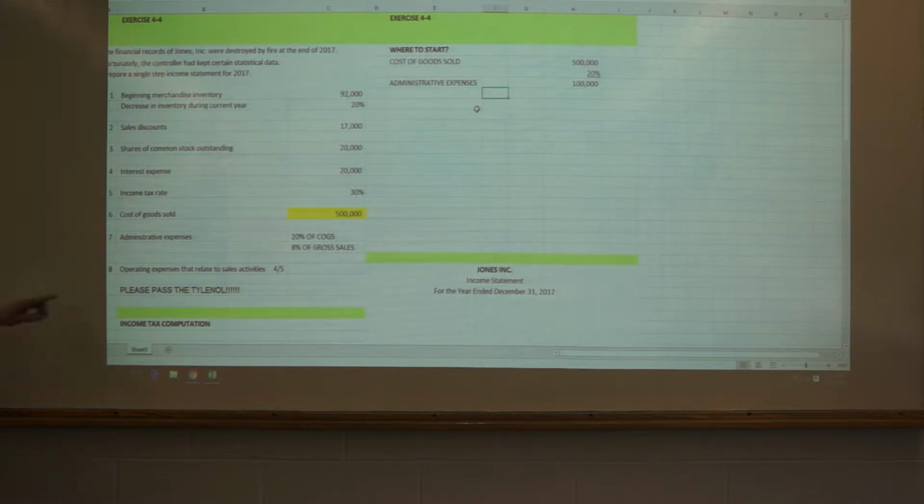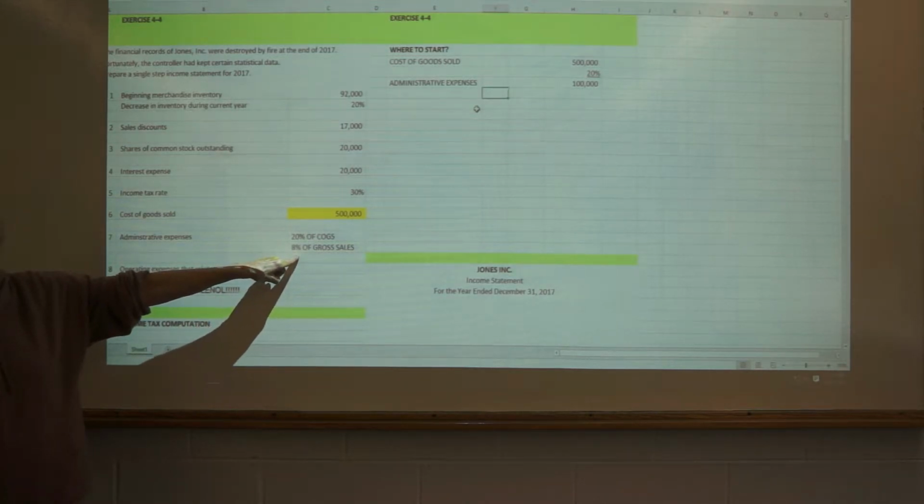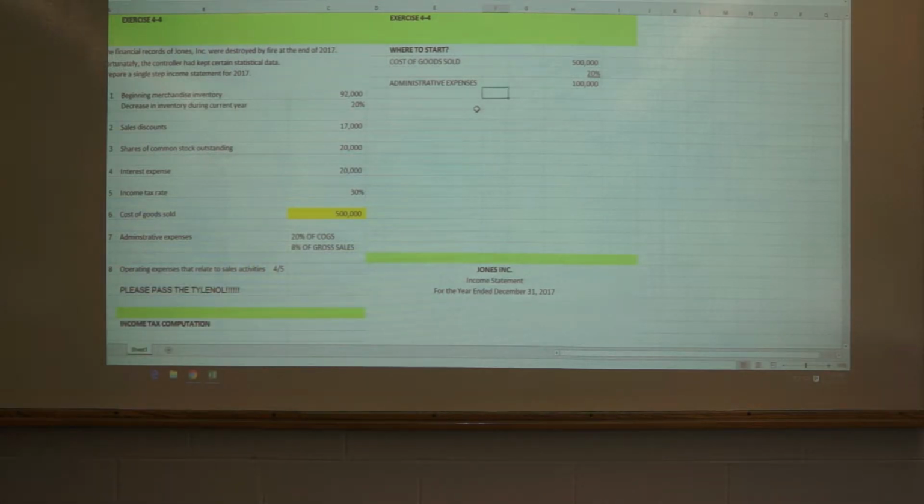Over here, it tells us that administrative expenses are 8% of gross sales. My brain doesn't work like this, so these are not easy for me. I have to take that one step at a time.